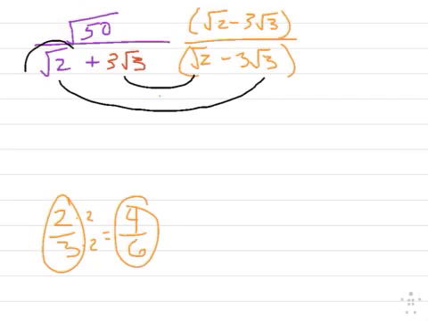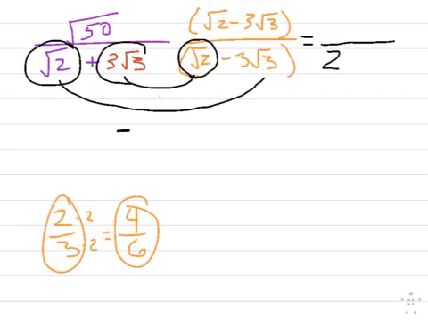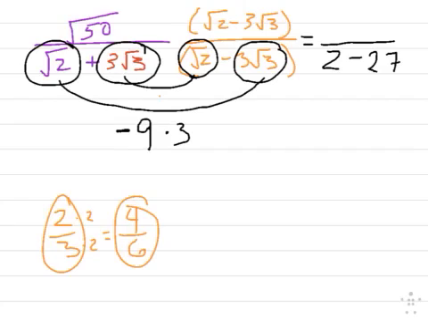So you're just going to get square root of 2 times the square root of 2, which is 2, and you're going to get minus 9 times 3, because the 3 root 3 times negative 3 root 3 is negative 9 times 3, which is negative 27. So it's minus 27. So that's why I multiplied by that, because that gets rid of the square root in the bottom.